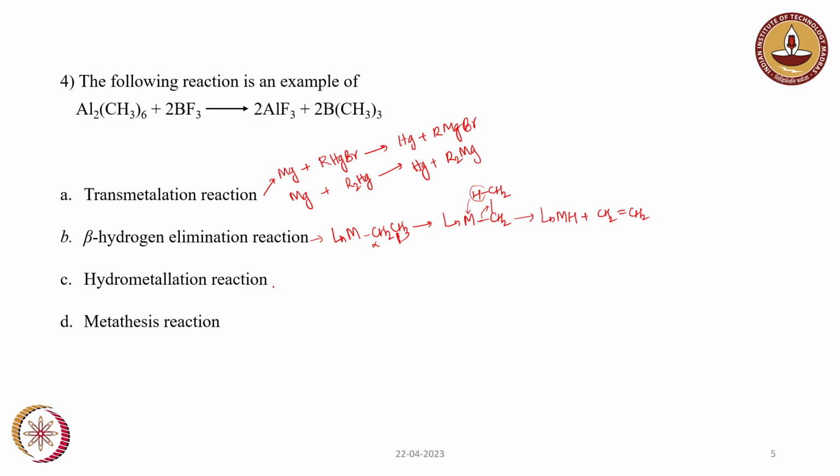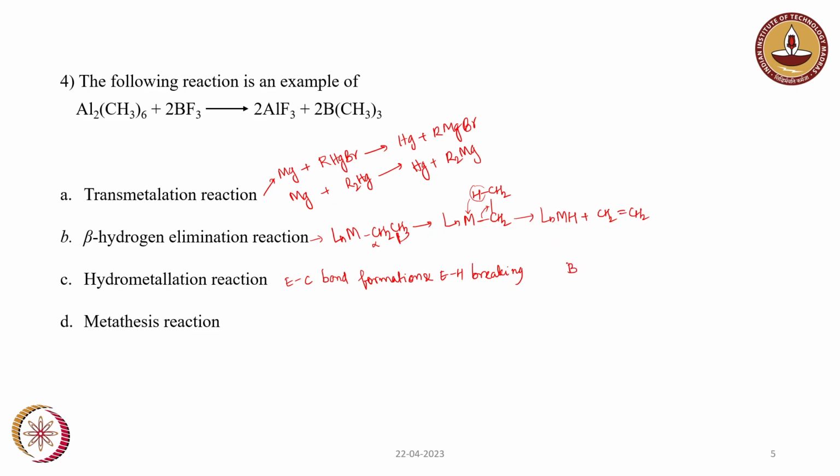So in a hydrometallation reaction, E-C bond formation and E-H breaking take place. Examples are hydroboration and hydrosilylation.